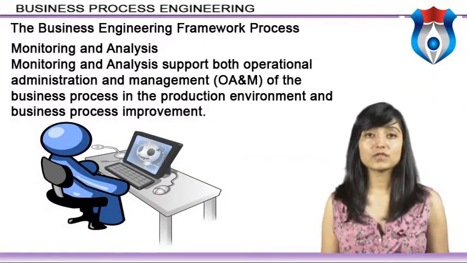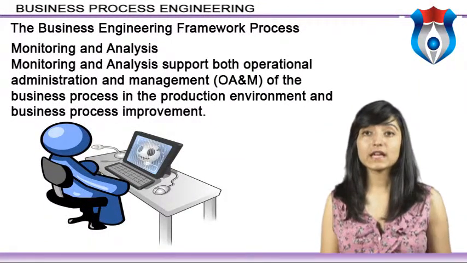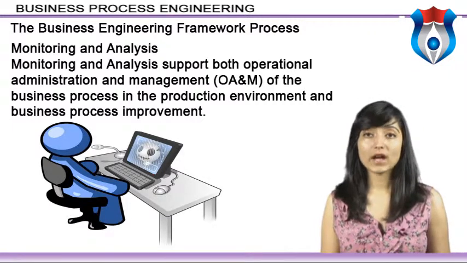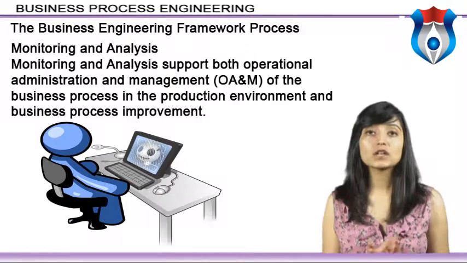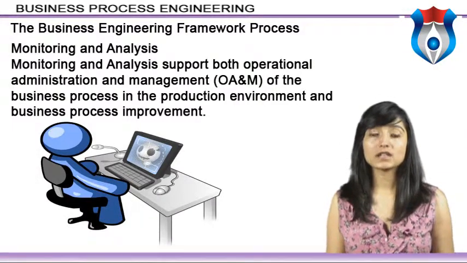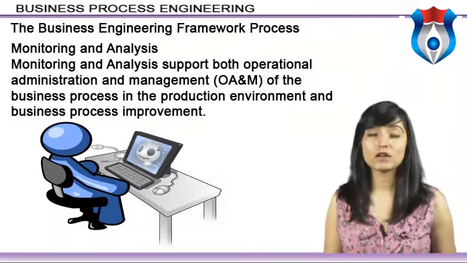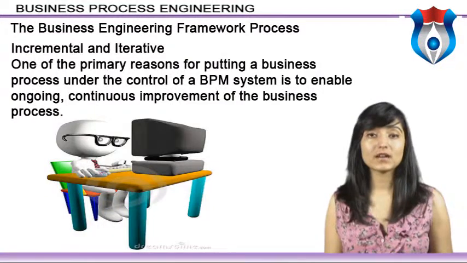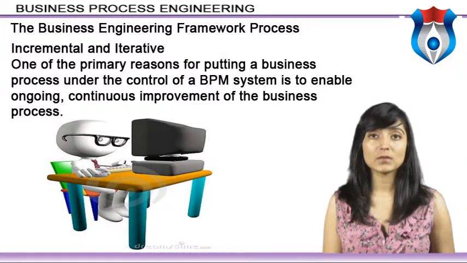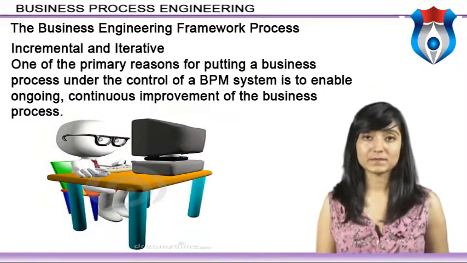The analysis of data gathered from predefined key performance indicators, KPIs, provides critical information to the business analyst to support continuous improvement and continue the engineering life cycle by re-entering the refinement step. One of the primary reasons for putting a business process under the control of a BPM system is to enable ongoing continuous improvement of the business process.